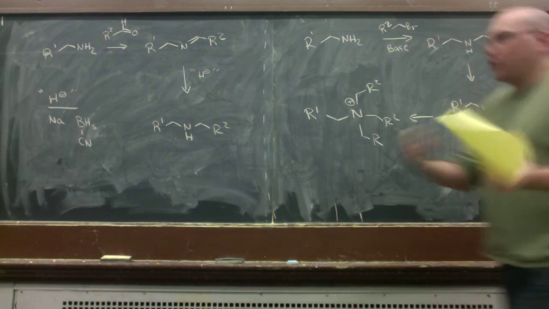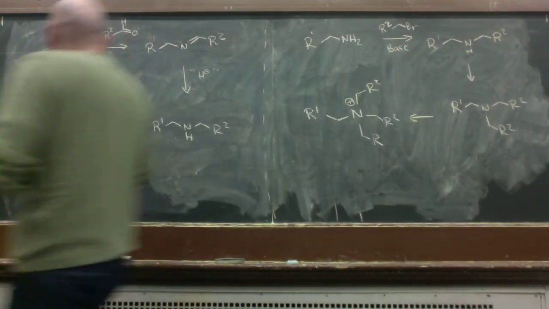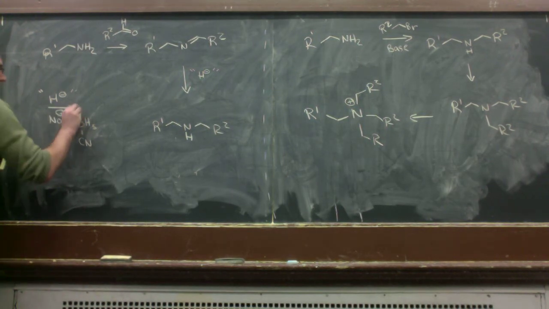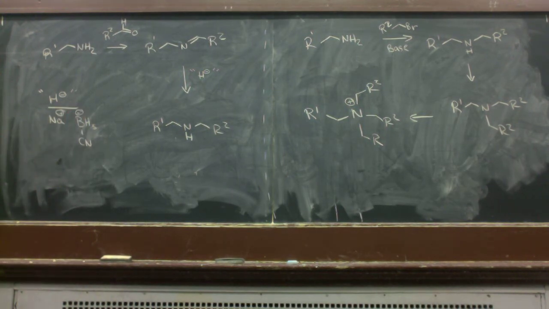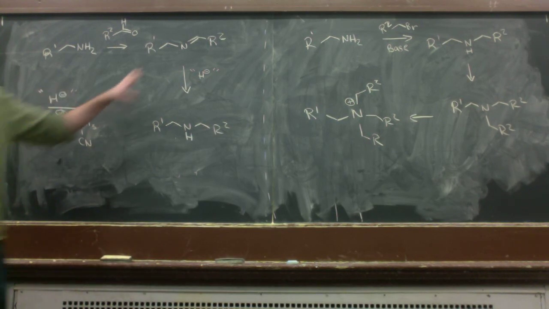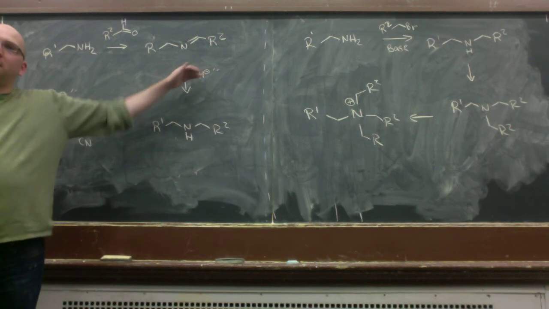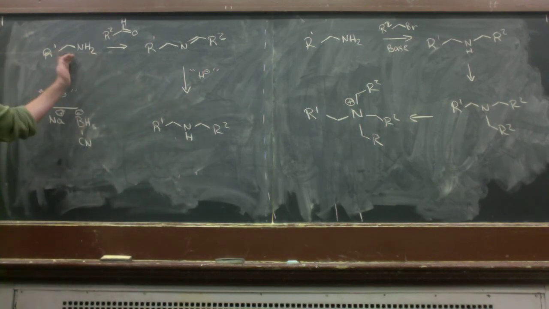From a standpoint of your knowledge base here, if you went ahead and said, just remember sodium borohydride, that would be fine as well. I think what's more important is you recognize that there's a reduction here, and that through basically a condensation reduction, you can get there.